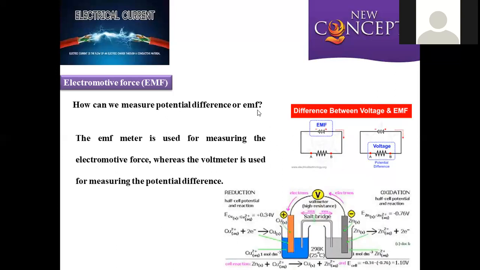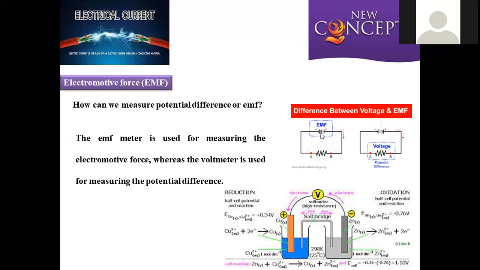How can we measure the potential difference or EMF of the cell? These are almost taken as synonyms of each other. Potential difference is alternatively known as electromotive force, but there is a slight difference. To move the positive charge from one terminal to another, the extent of work done by the chemical force is denoted as EMF, and these two are denoted as two different terminals, positive and negative.